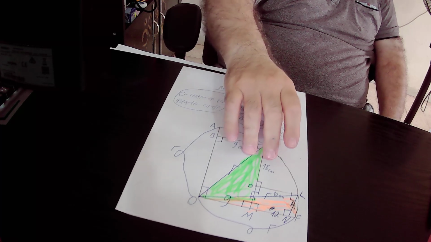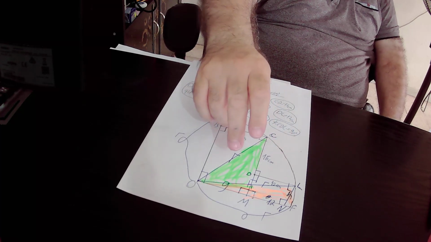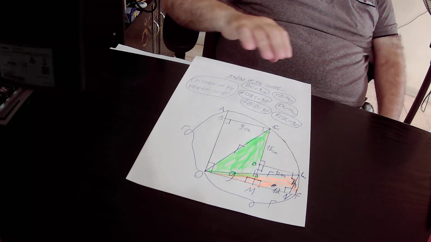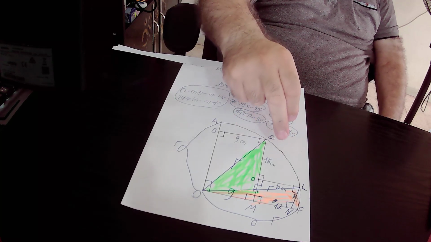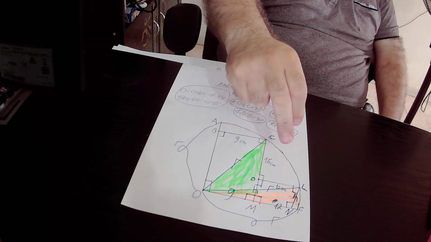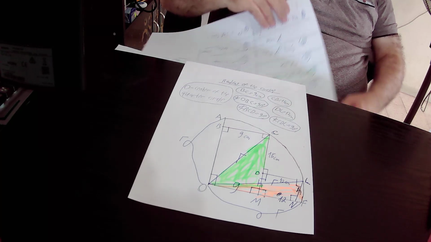Then we implemented the Pythagoras theorem on the orange right triangle, triangle ONL. According to the Pythagoras theorem, OL squared equals LN squared plus ON squared.